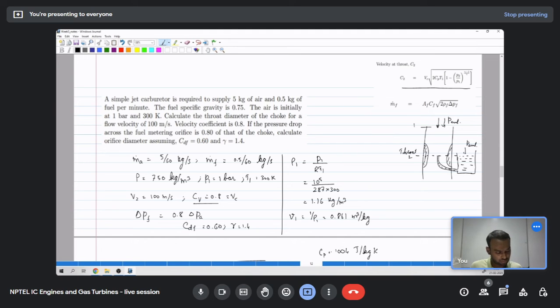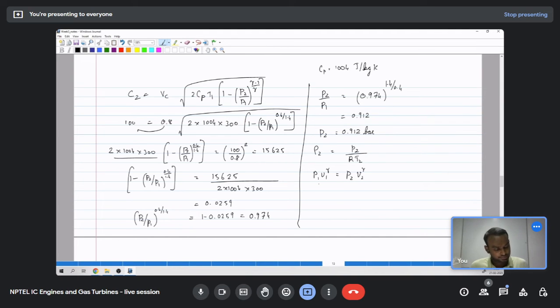Now using this relation, we know P1 is 1 into V1 power gamma, 0.861 power gamma or 1.4, equal to P2 is 0.912 bar into V2 power 1.4. V2 is 1 by 0.918 power 1 by gamma of 1.4 into 0.912.